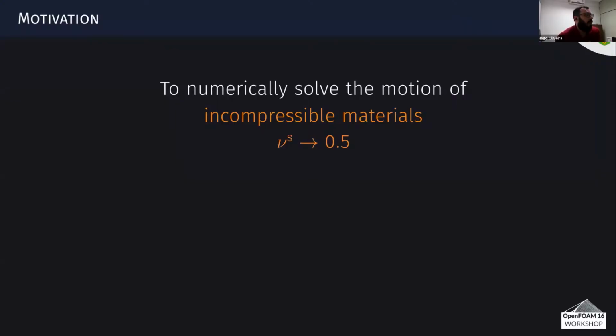The main motivation of this work is to solve the motion of incompressible materials, which are characterized by a Poisson coefficient equal to 0.5, or nearly incompressible, tending to 0.5.